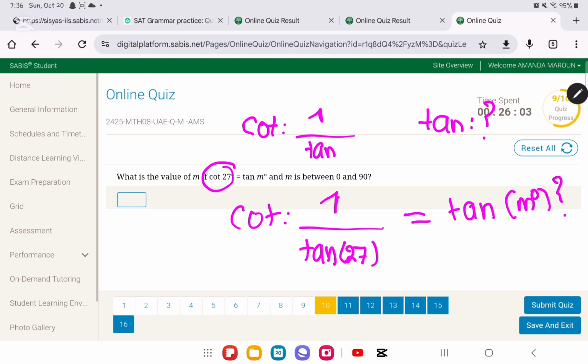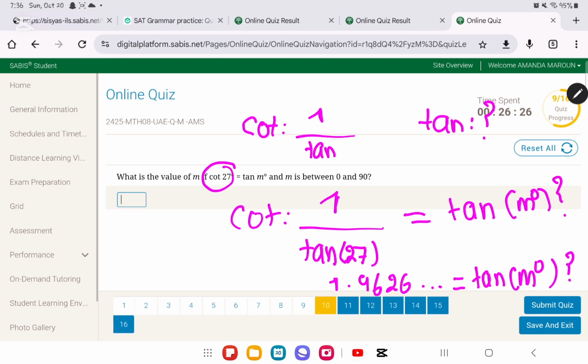First, you put on the calculator 1 over the tangent of 27, and now you get 1.9626 and so on, which is equal to tangent of m degrees.